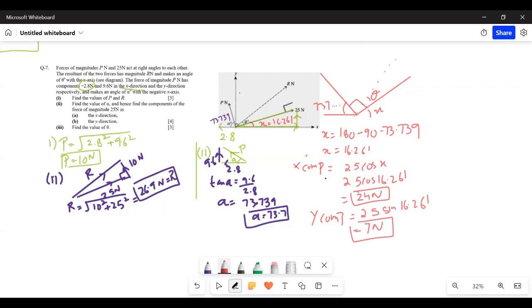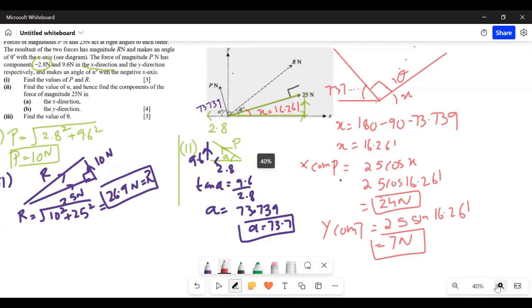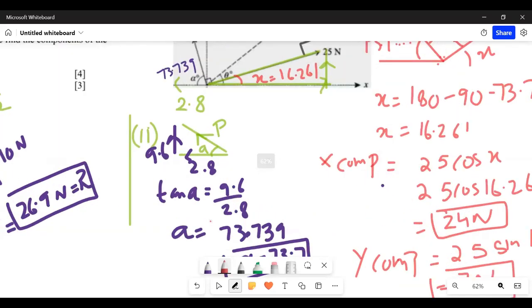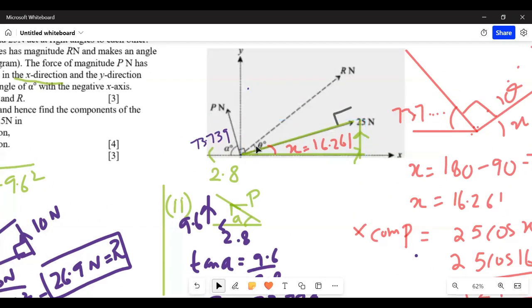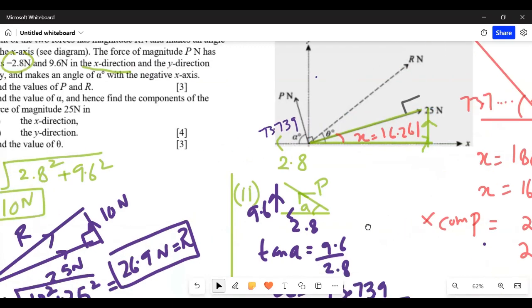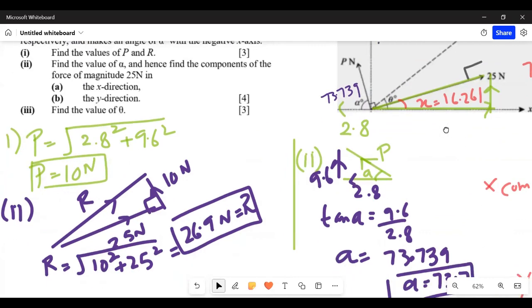Now it says find the value of theta. How do we do that? We need theta. We have a few angles here. Let's see if we can make use of that. So theta is this entire angle. Did we find the theta for R, the resultant force?